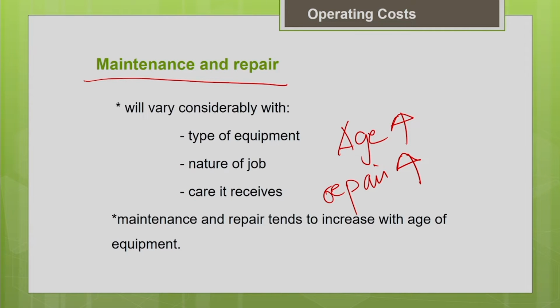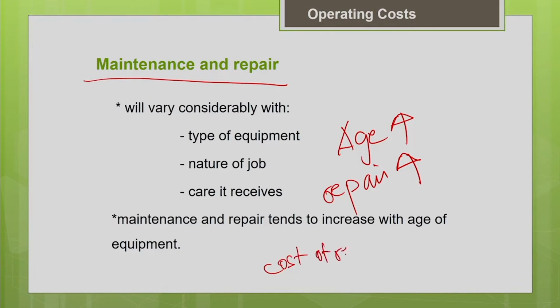It is almost worn out, and you have to replace some components. The cost of those replacement parts, and for repair work you engage some labor, the labor involved in the repair work. All these come under the maintenance and repair cost.